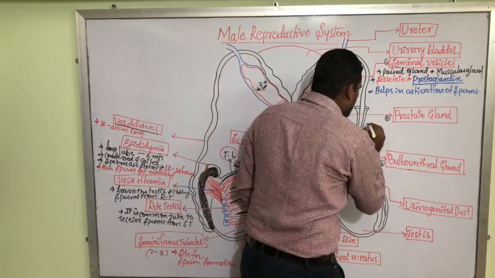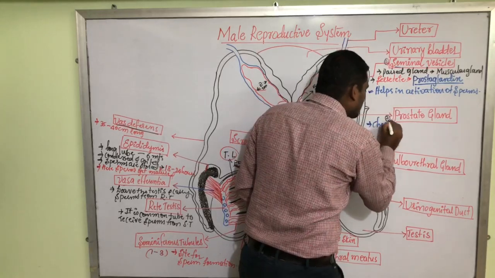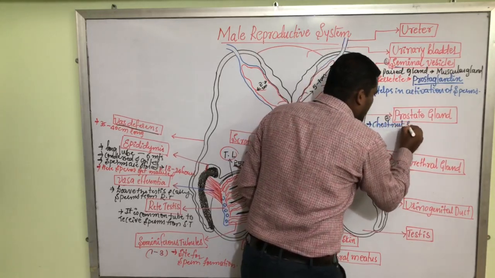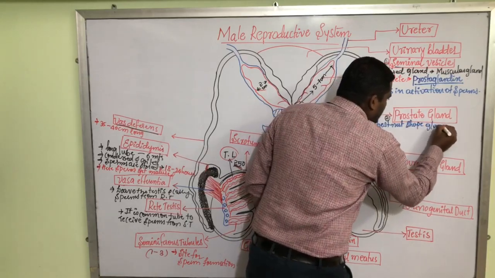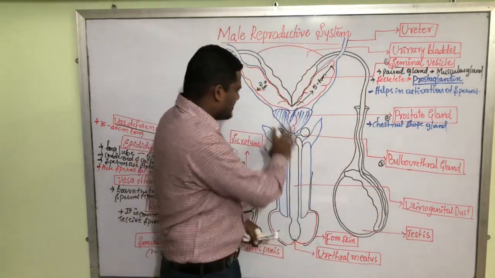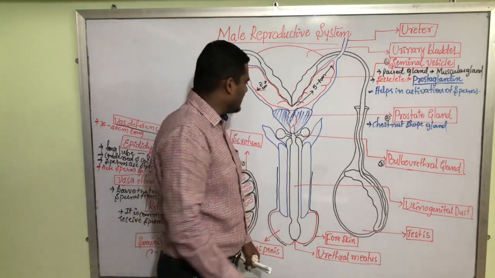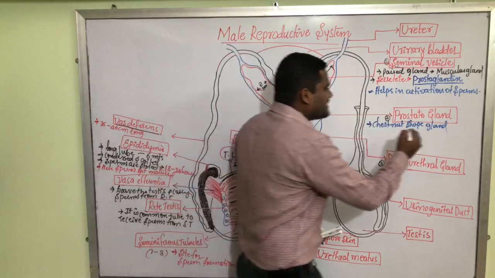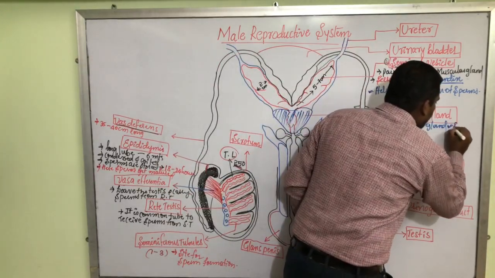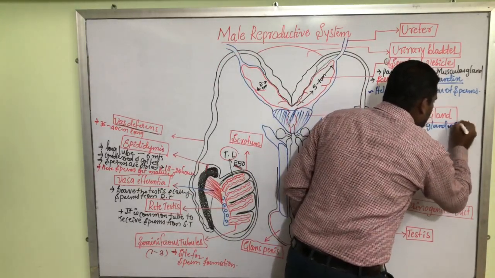It is a chestnut shape gland. It is just like a chestnut shape, or just like a peanut shape kind of gland. And this gland is a single gland. It is single. It is not paired.